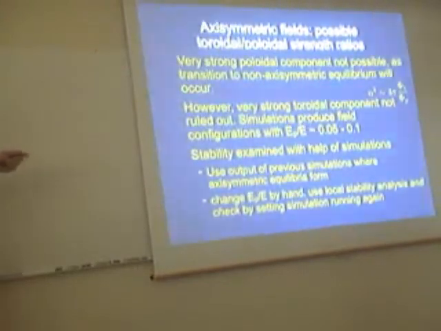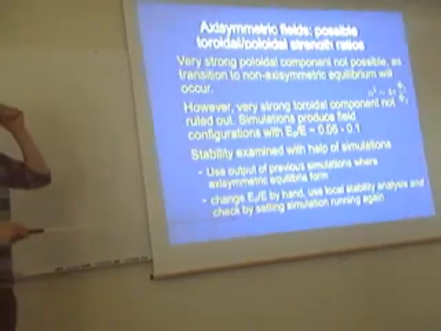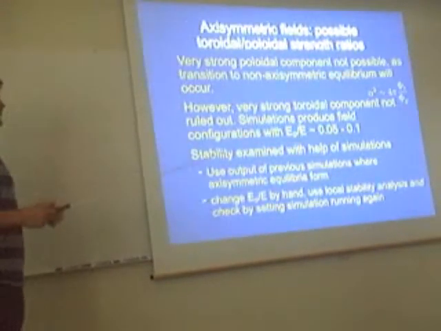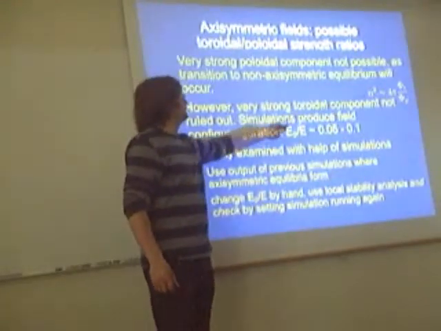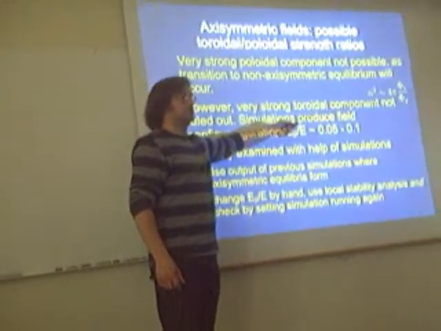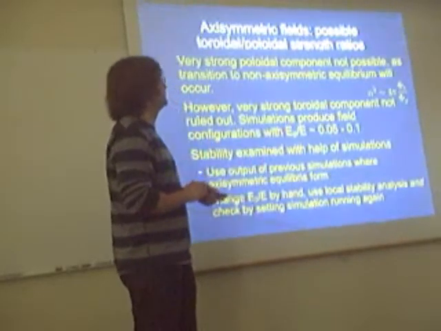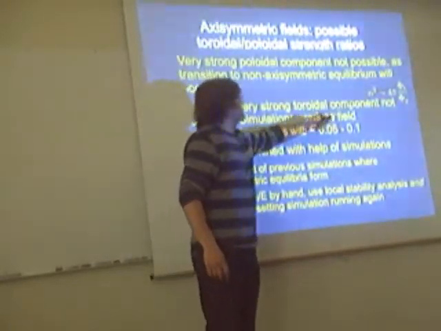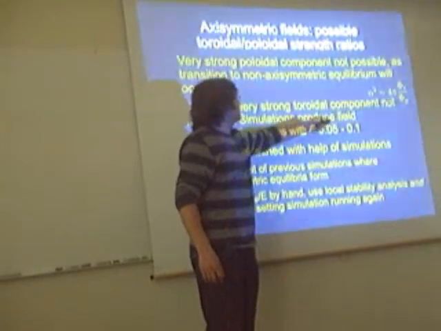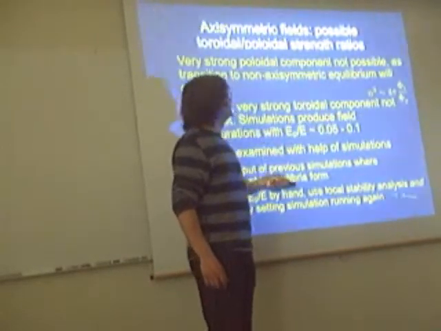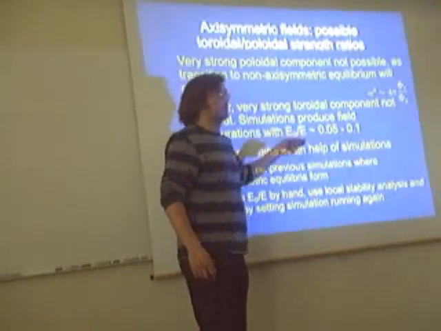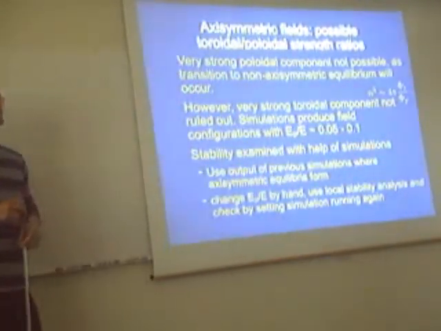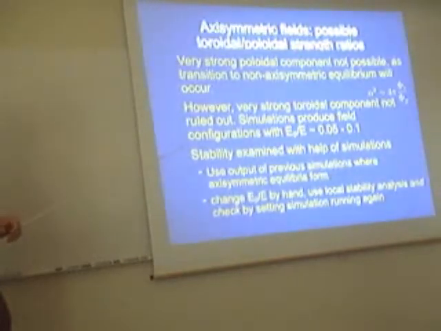Right, so a purely poloidal field is unstable, and also having a very strong poloidal field in relation to the toroidal component is going to be unstable, for the following reason. If you cast your mind back to the equilibrium value of this angle in the non-axisymmetric equilibrium, given by the flux of the toroidal and the poloidal: if you increase this poloidal flux too much, then this angle alpha will want to go down below its value of pi in the axisymmetric case.